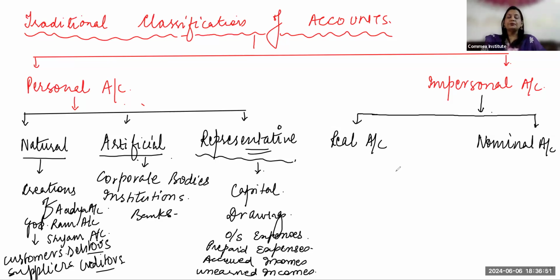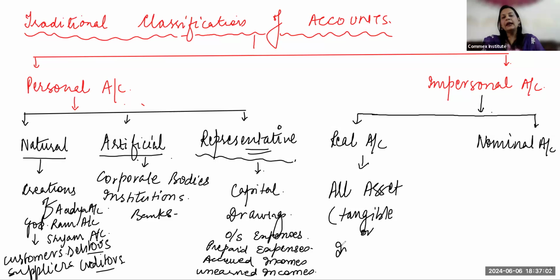Now, all my asset accounts, whether tangible or intangible, are my real accounts. They are called real accounts. For example, my assets can be my stock, anything of value to me, anything which gives me future economic benefits.